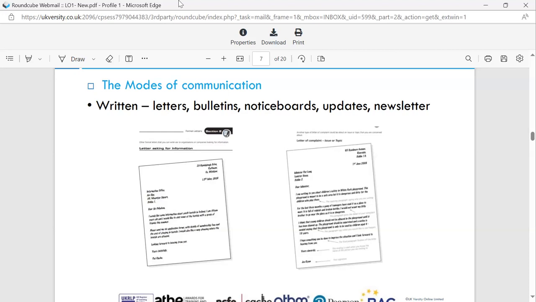Bulletins will identify if there's a need to advertise something, or a bulletin needing to go out to staff about information. And then notice boards with information about certain illnesses, any sessions, any forums, updates on information, and a newsletter.